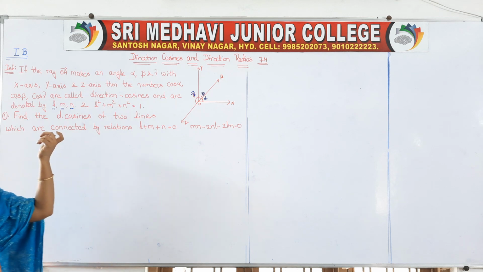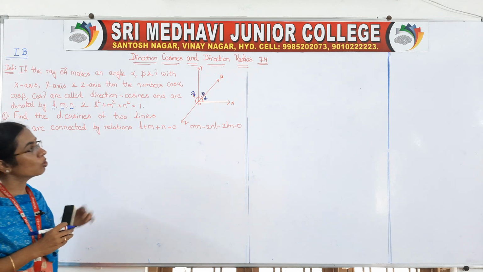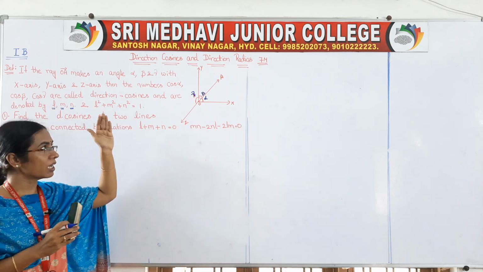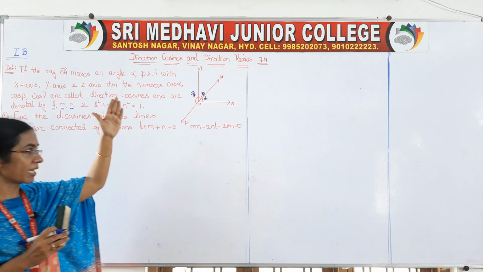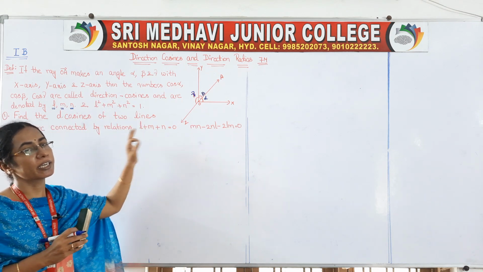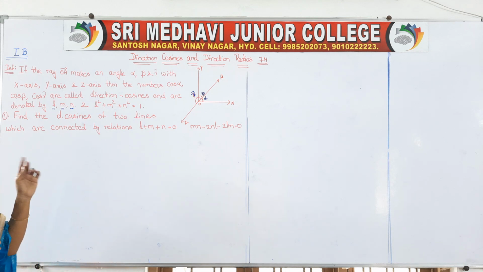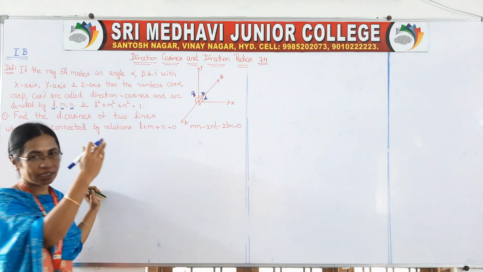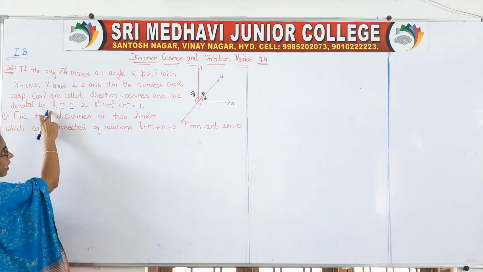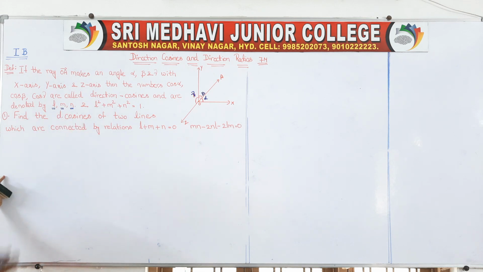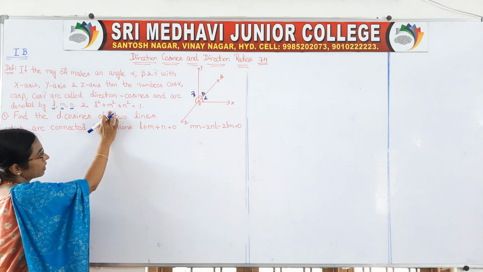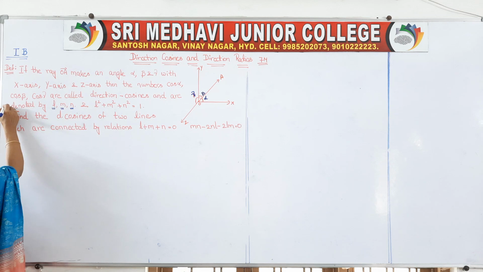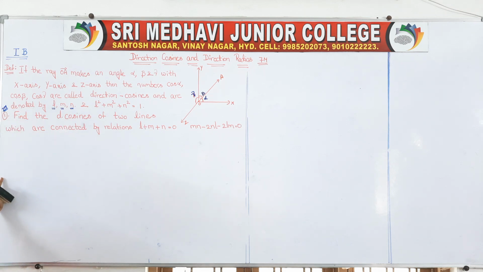So if any ray OA makes angles alpha, beta, gamma with the x-axis, y-axis, z-axis, then cos alpha, cos beta, cos gamma are called the direction cosines of that line OA, denoted by L, M, N, and L square plus M square plus N square is equal to 1. Okay, now we will solve one 7 marks problem based on this direction cosines.